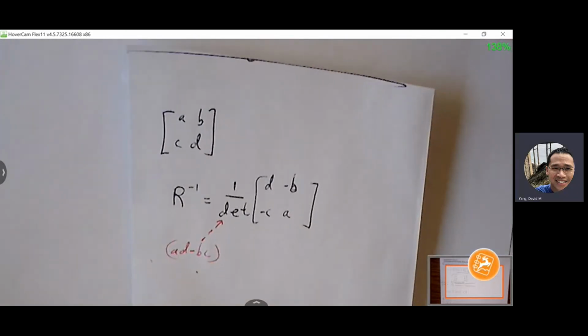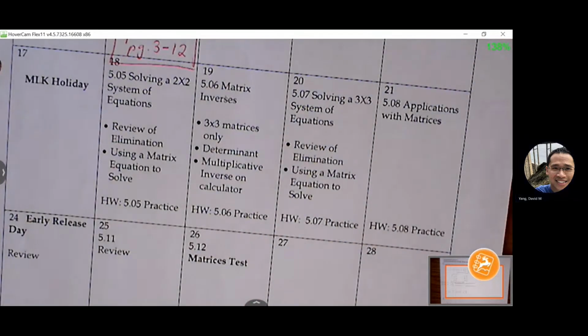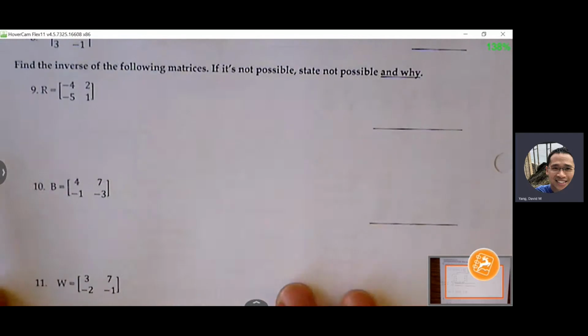Okay, so let's try number 9. Okay, determinant first.